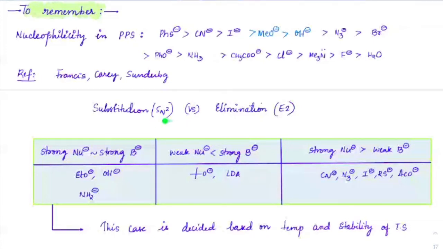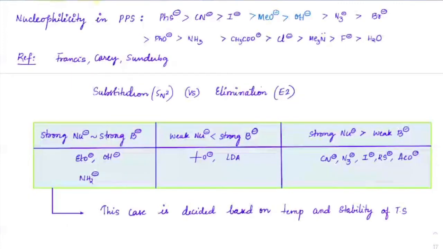Check out in which case we get SN2 and in which case we get E2 as the major product. Suppose we have a strong nucleophile which is also acting like a strong base, which means nucleophilicity is in parallel with basicity, both going in the same trend. Then E2: alkoxides, OH minus, NH2 minus, these are strong nucleophiles as well as strong bases.